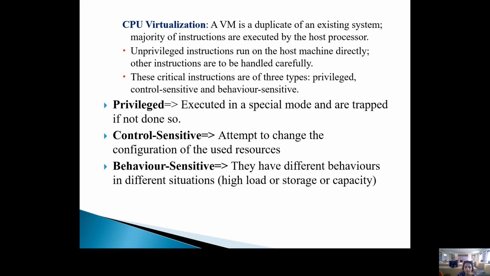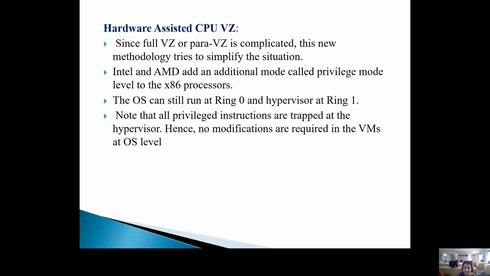In this we have hardware-assisted CPU virtualization. This technique attempts to simplify virtualization because full virtualization or paravirtualization is complicated. Intel and AMD add an additional privileged mode level to microprocessors.